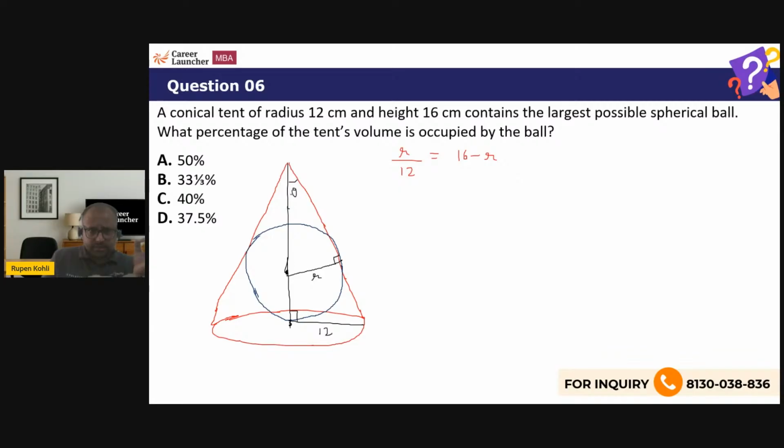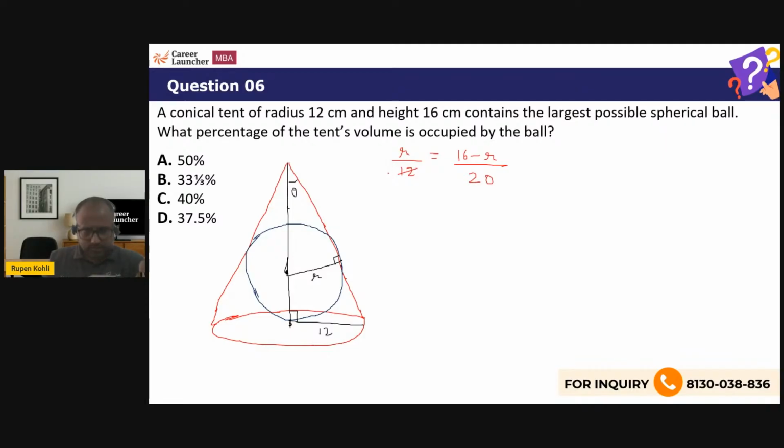And opposite to 90 degree in the larger triangle is 12, 16, 20. This 12, this 16, so the slant height of the cone is 20. Perfect. So that is the equation based on similarity of these two triangles. I can clearly see I should be able to find the radius, and hence the answer.